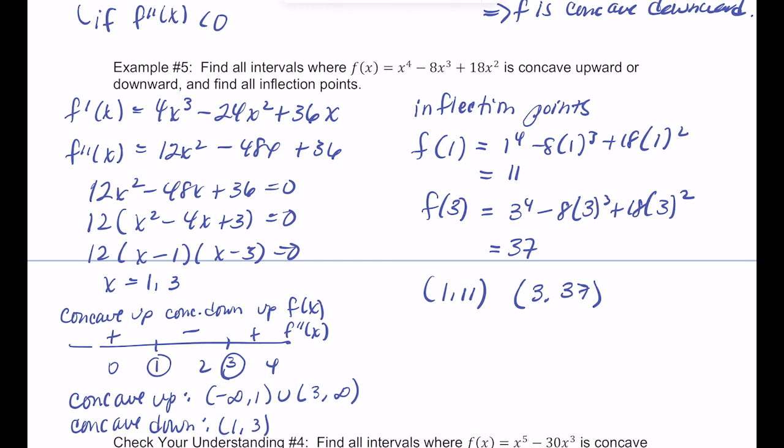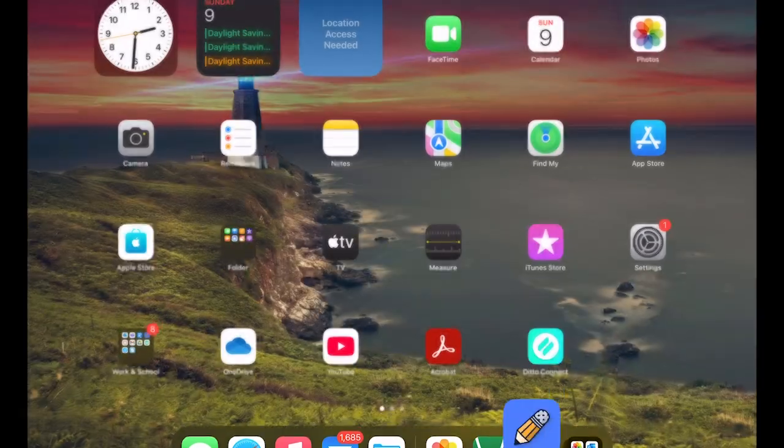Okay, let's take a look here at the graph and see what we get.